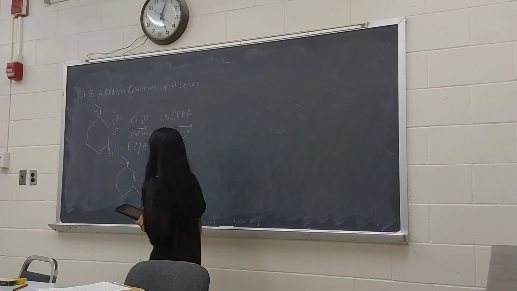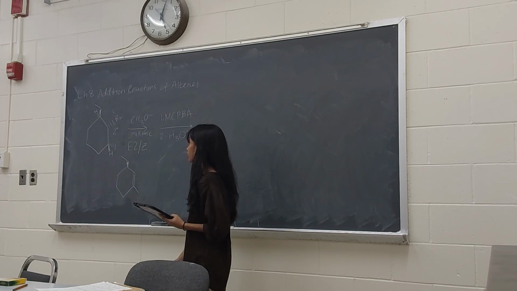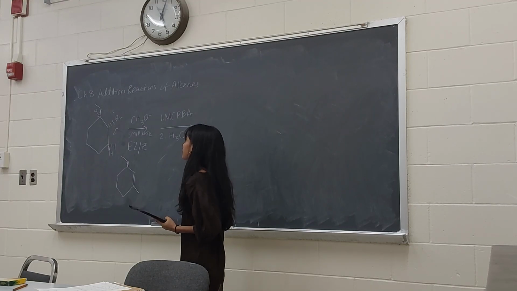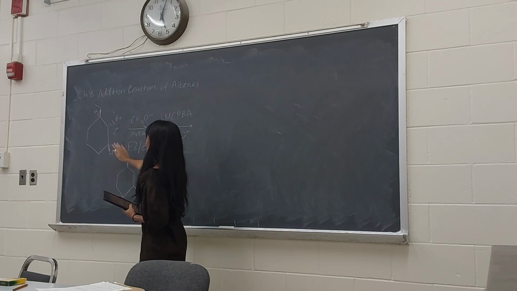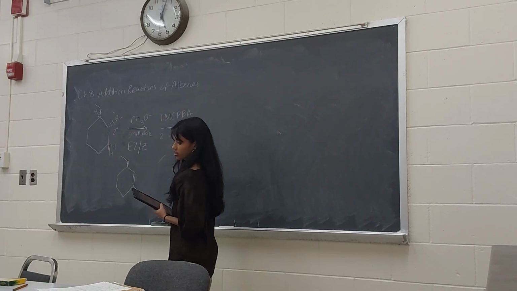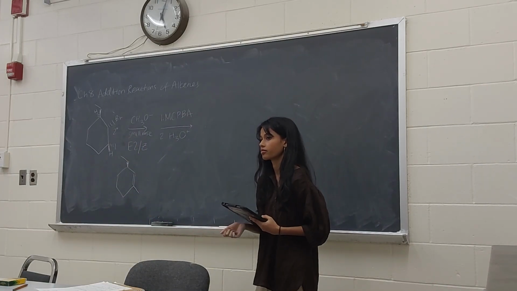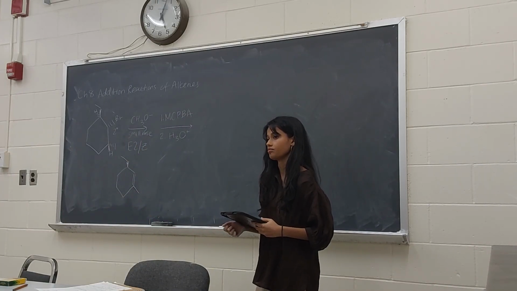So that's basically what we're going to see for chapter 7 in the test. This part is chapter 7, and then this is 8. The hardest part of chapter 7 is memorizing each mechanism.